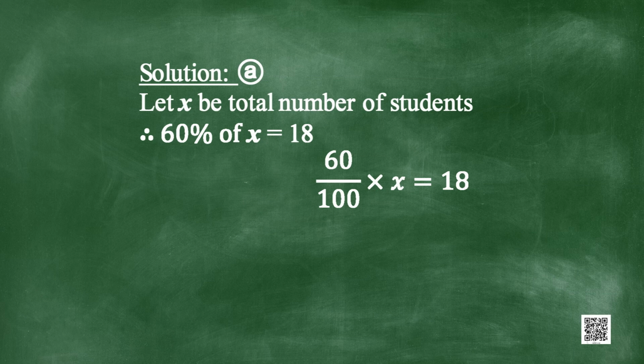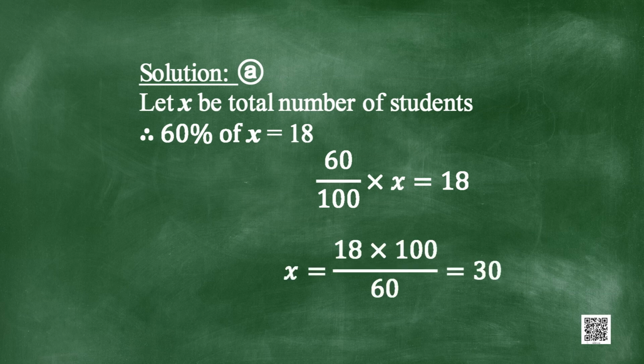So, 60 by 100 multiplied with x is equal to the number of students, which is 18. So, upon simplification we get x is equal to 18 multiplied with 100 whole divided by 60. So now we can simplify this and we get x is equal to 30.